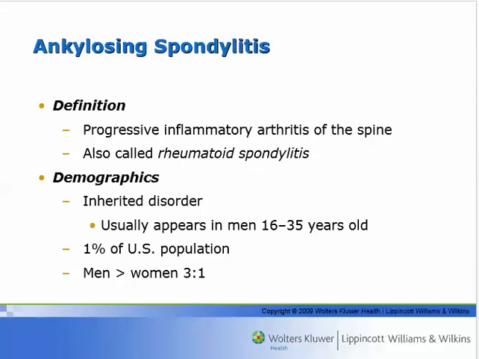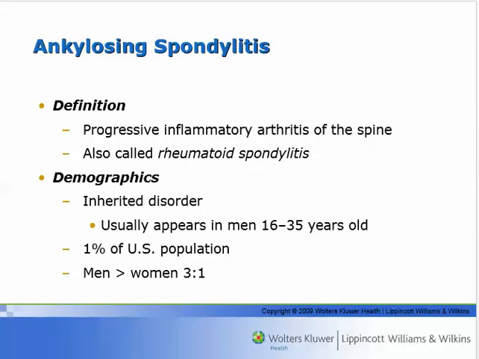The old name for it was Marie-Strumpel disease. When I was in school, it was just changing to ankylosing spondylitis. Ankylosing means fusing, so this is inflammation of the spine that causes fusion. It's a progressive inflammatory arthritis of the spinal joints, especially of the discs. It's an inherited disorder.